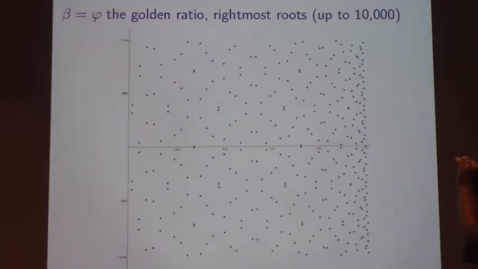So the first thing is the golden ratio. The golden ratio is well known for being the best number in various senses. In the sense of Diophantine approximation, it has the worst approximation, and when you write an irrational number as a continued fraction, 1 plus 1 over 1 plus..., it is the best continued fraction.